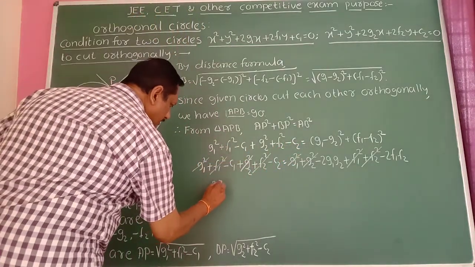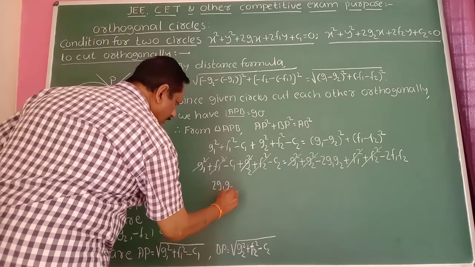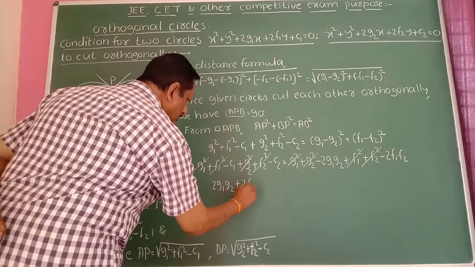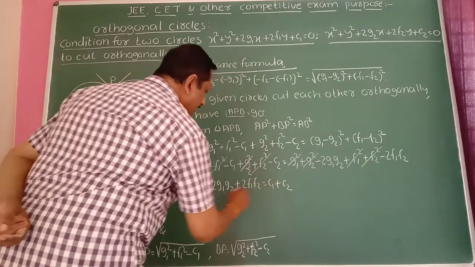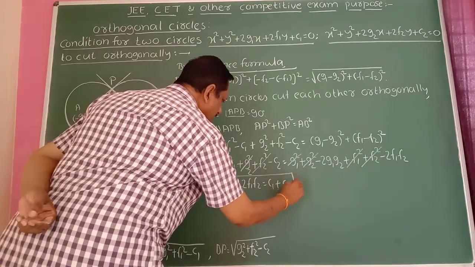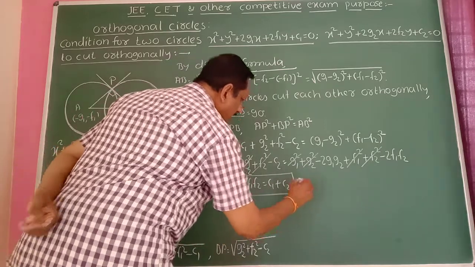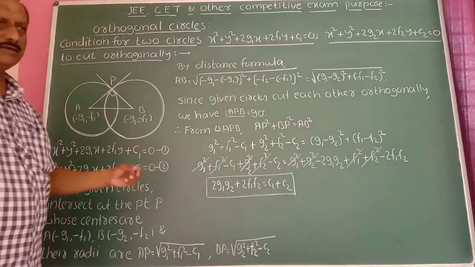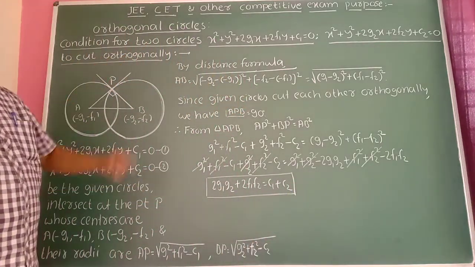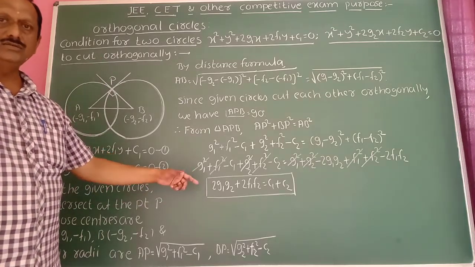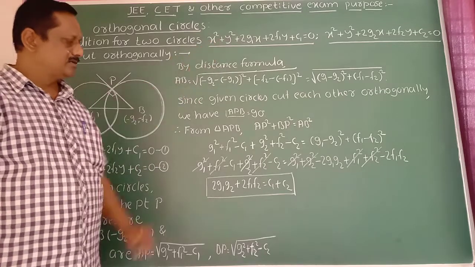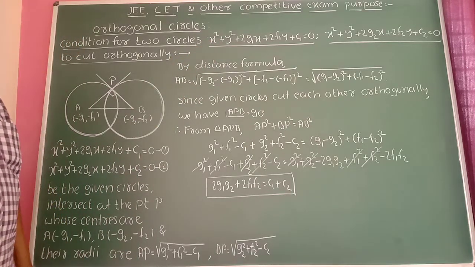So 2 g1 g2 plus 2 f1 f2 is equal to c1 plus c2. This is the condition: if this condition is satisfied, then the two circles cut each other orthogonally.